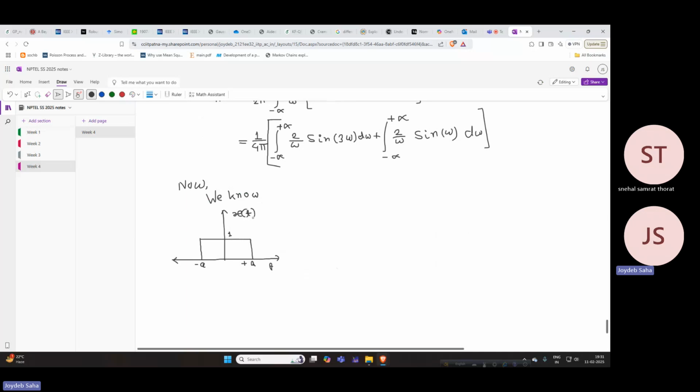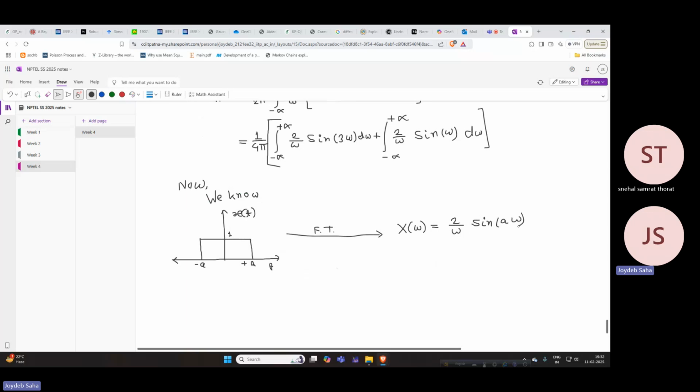If this is our time response, then it's a time domain signal. Fourier transform will be x omega is equal to 2 upon omega sine a omega.